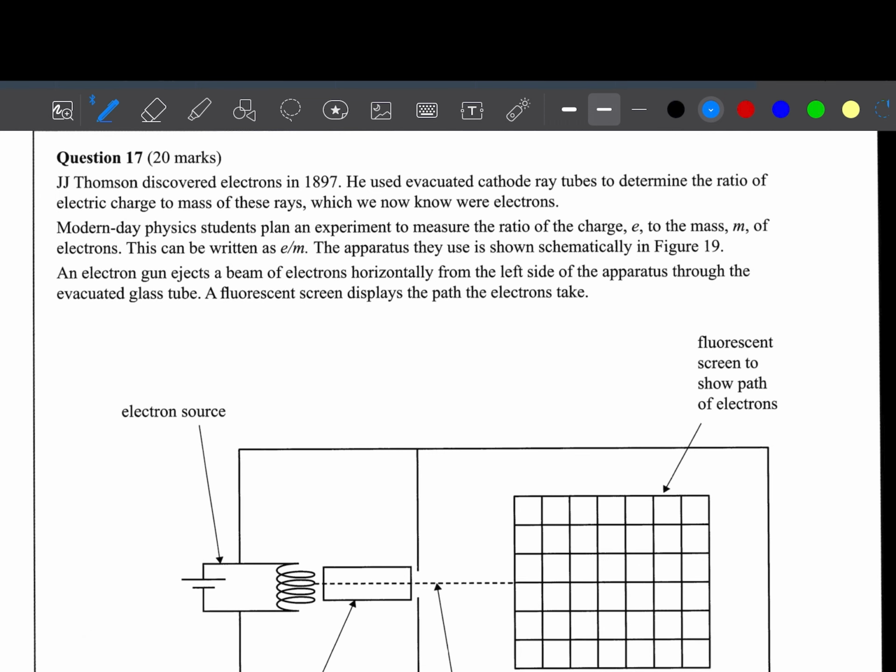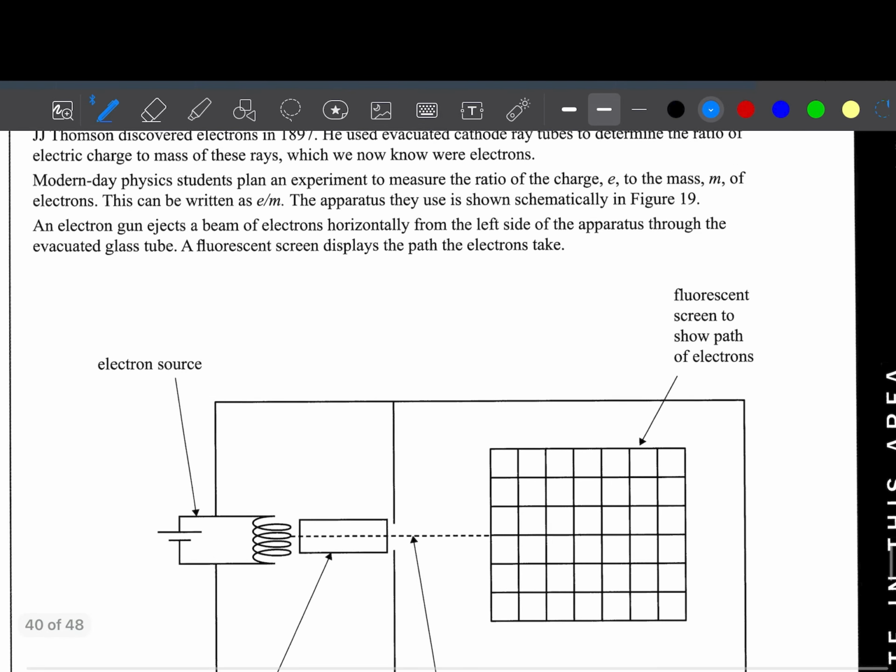J.J. Thomson discovered electrons in 1897. He used evacuated cathode ray tubes to determine the ratio of electric charge to the mass of these rays, which we didn't know were electrons, but which we now know were electrons. A modern-day physics student planned an experiment to measure the ratio of the charge e to the mass m of electrons, which can be written as e on m. The apparatus they use is shown schematically in figure 19.